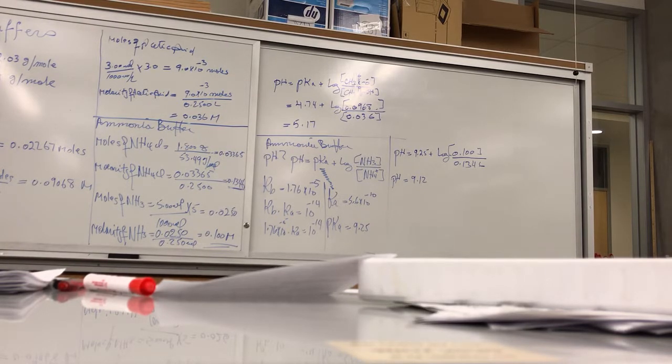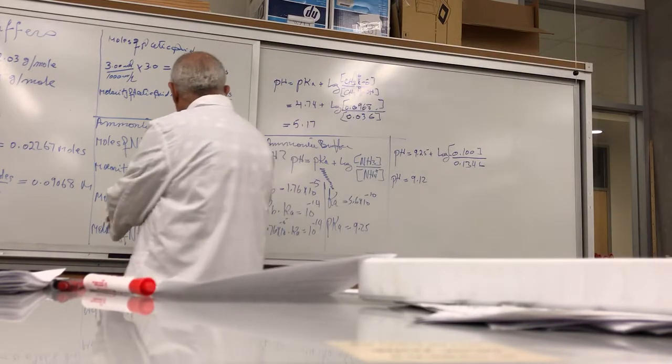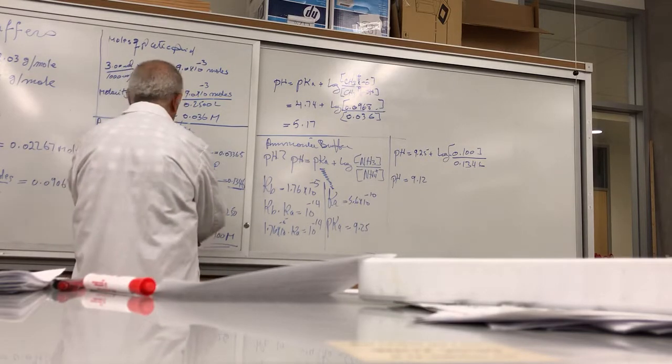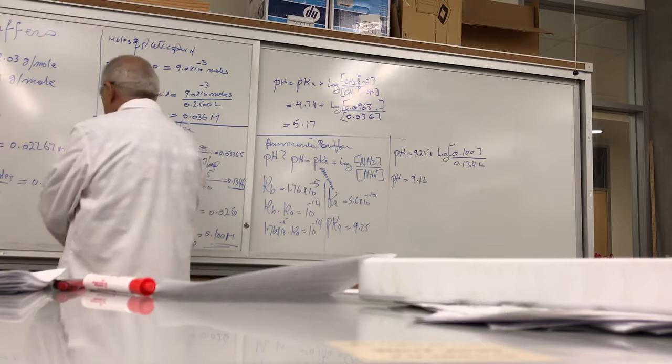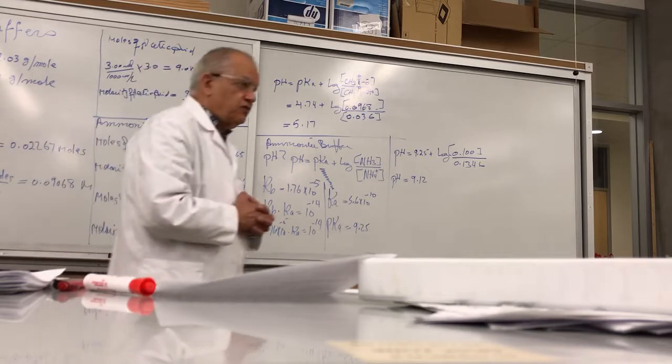That saves you time. That's why at the beginning I was telling you those values are important: the molarity of the ammonia, the ammonium chloride, the acid, and the sodium salt of the acid, sodium acetate.